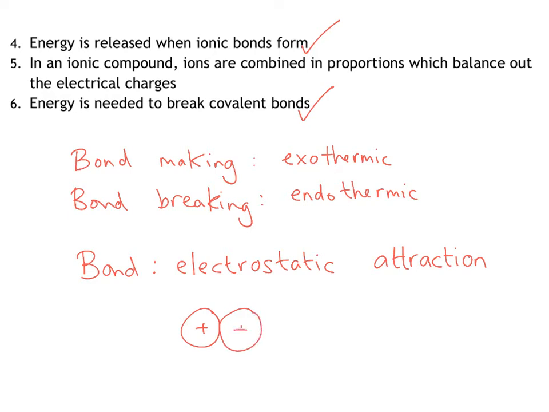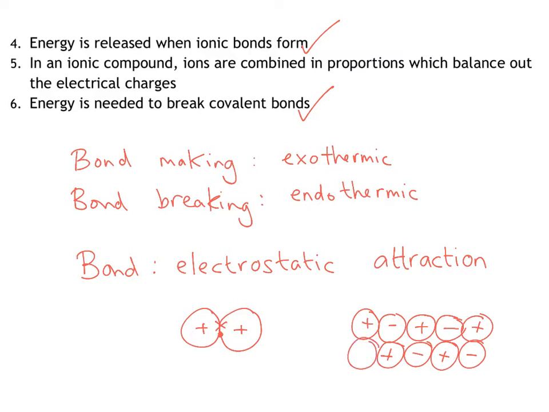In a covalent bond you've got a nucleus in each atom, and then you've got a pair of negative electrons in the middle, so they're attracted to the nucleus either side. In ionic bonding you've got a whole series of positive and negative charges all attracting to each other. So obviously if I want to break them up, I have to put energy in, which means if I'm putting them together, energy will come out.